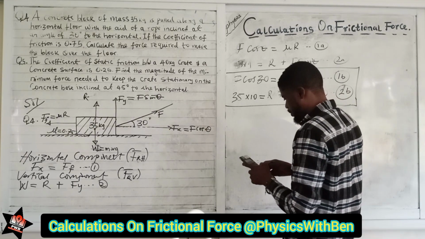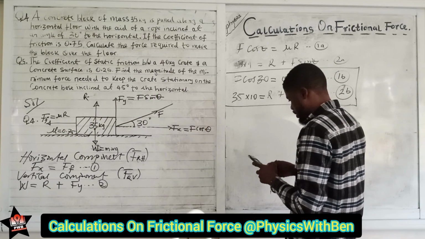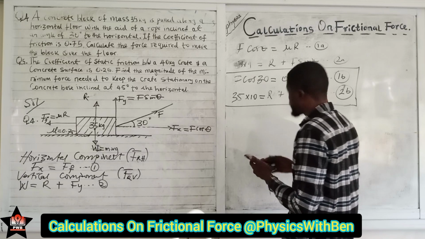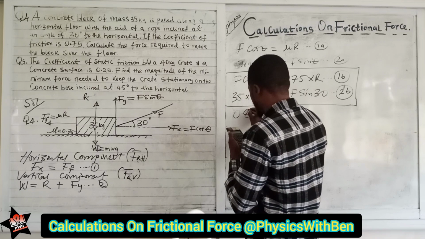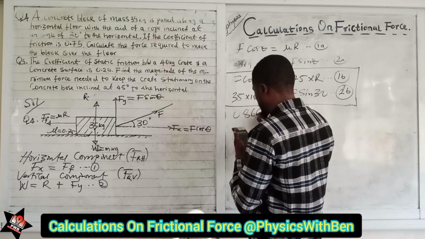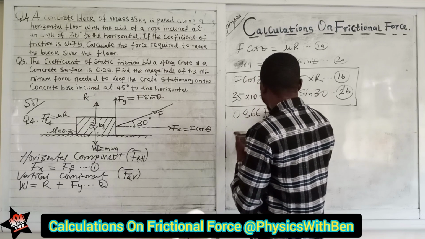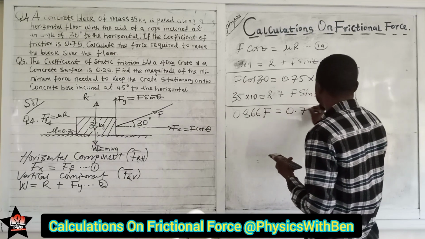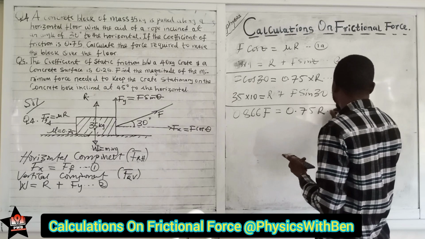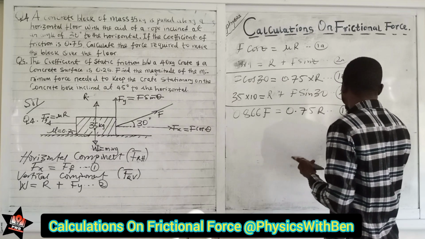We have cos 30 will give us 0.866 F is equal to 0.75 R, equation 1c.